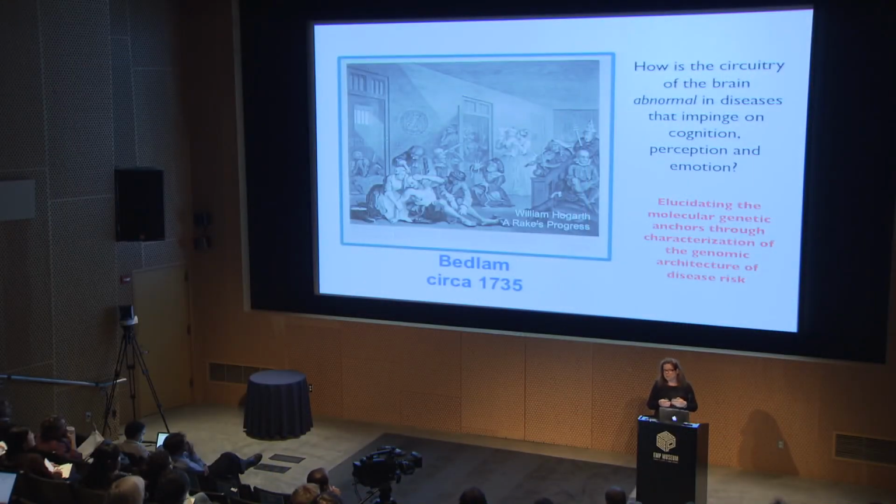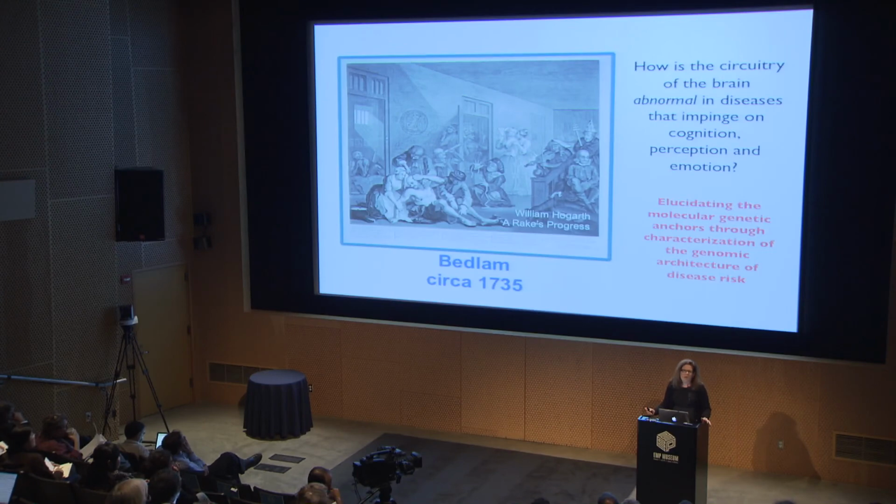Those diseases would be schizophrenia and bipolar disorder, and that's largely what my lab has been studying for about the past 15 years. The way I've chosen to go about this is to use molecular genetics or genomics to try to identify anchors that we can use to better understand the abnormal circuitry at play in these diseases.